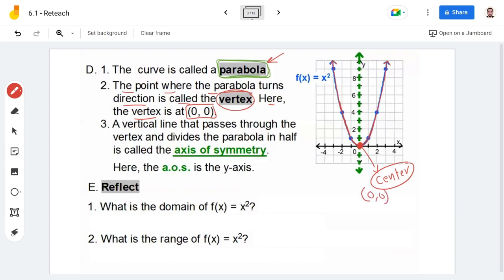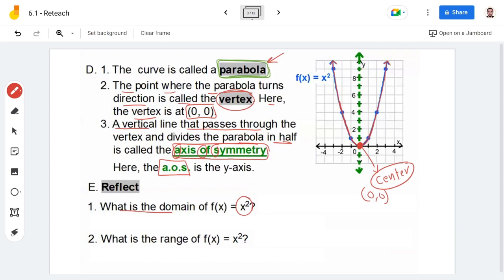Number 3, a vertical line that passes through the vertex and divides the parabola in half is called the axis of symmetry. We can summarize axis of symmetry by taking the first letter from each word, AOS. So AOS is the y-axis. Now, if I ask you these two questions, what is the domain of x squared, x to the power of 2, which is the parabola?